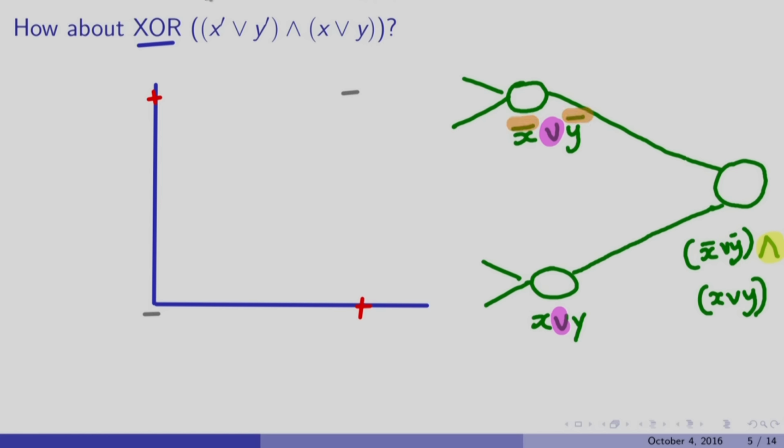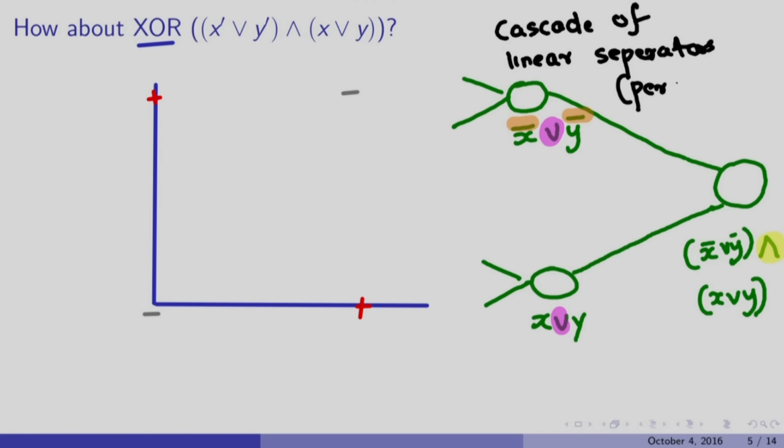So we expect that a cascade of linear separators, which happen to be perceptrons in this case, should give you this nonlinear separation. And what we mean here is something like this.